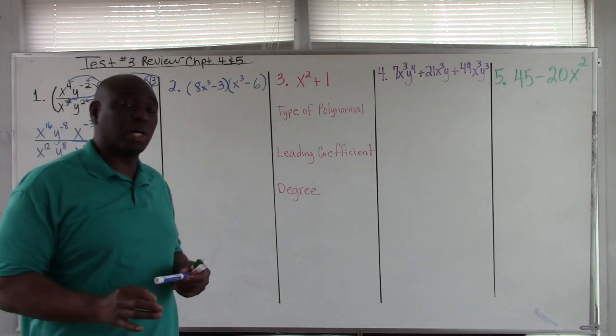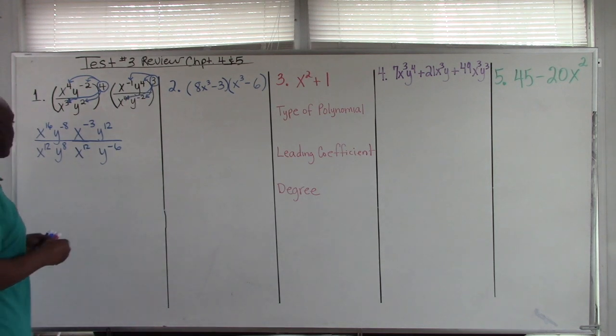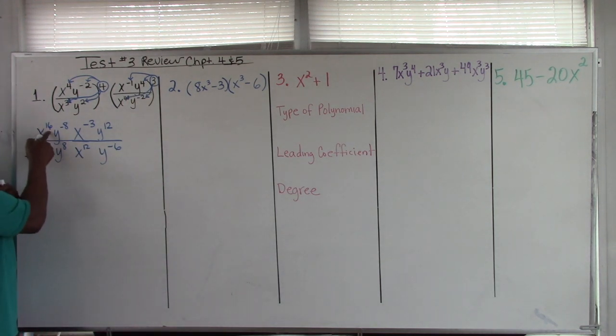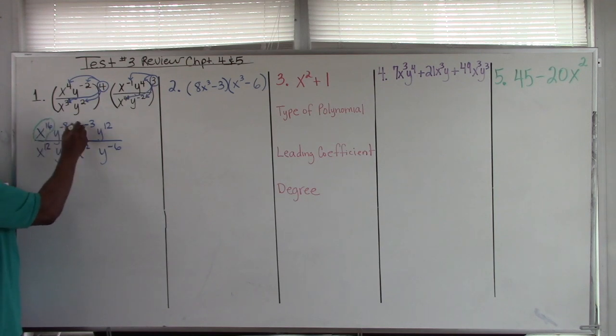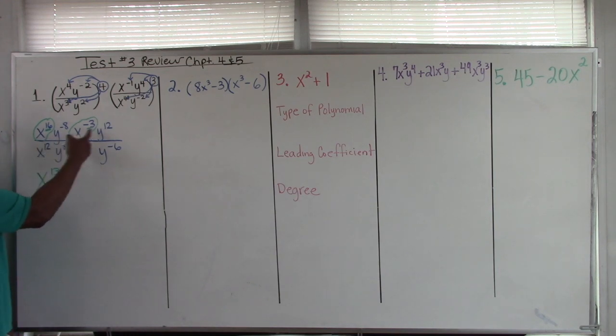Now we have to do what? Add. Okay? Notice this. I have an x to the 16 and an x to the negative 3. X to the power of 16, x to the power of negative 3. Now you add the exponents. Add 16 plus negative 3. That's going to give me x to the power of 13. Do the same thing for the y's here.